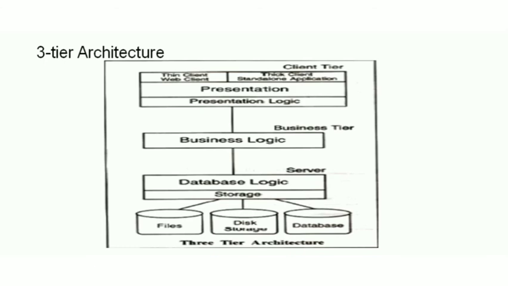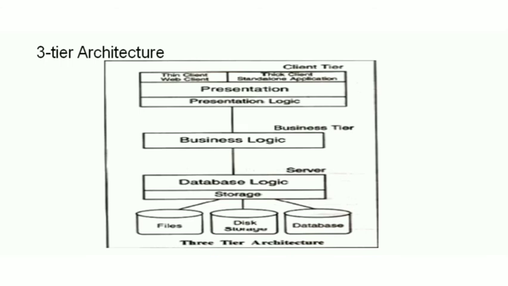So these three tiers are the most important part of your web application, because when you create your web application, everything is divided into these parts, right? When you create any application, there are different files you have to create. So the first tier is defined as the client tier, which handles all the presentation part.